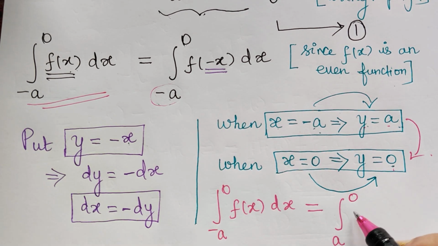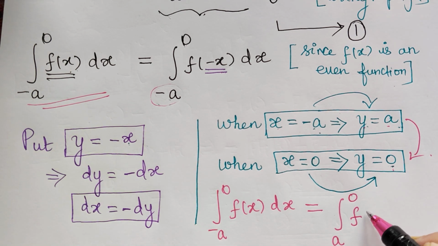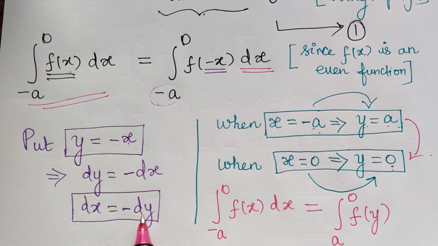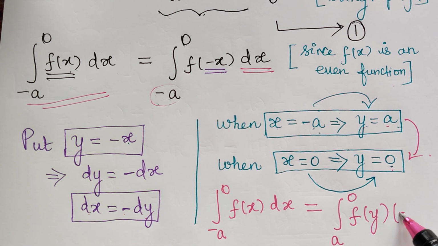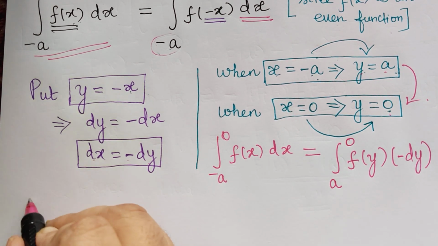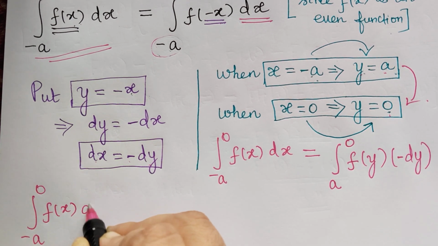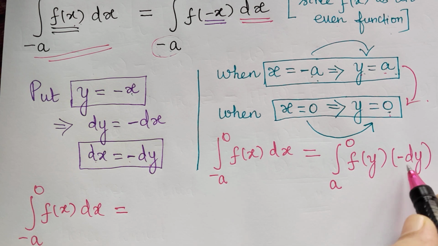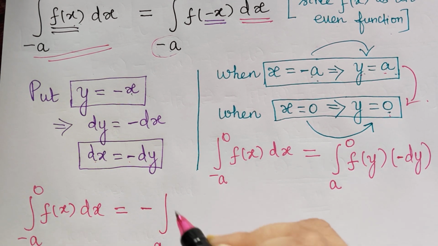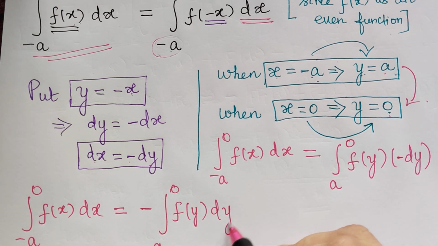Then instead of f of minus x we write f of y. Now instead of dx we have to write minus dy. So we will have minus dy. Therefore this integral, integral minus a to 0 f of x dx, has been changed to, this minus we can take out, minus integral a to 0 f of y dy.